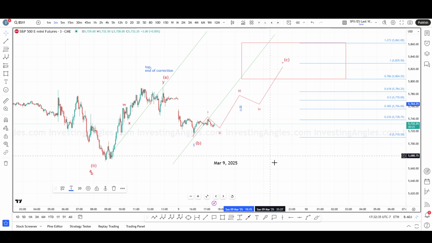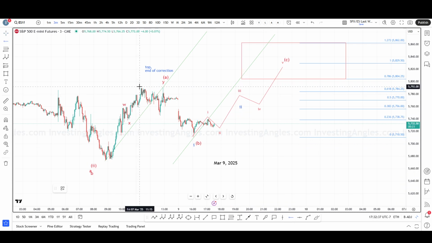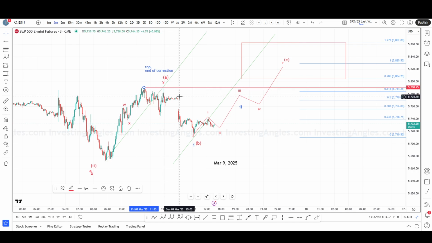What we know about this from the Elliott Wave perspective is that wave 2 cannot surpass the origin of wave 1.